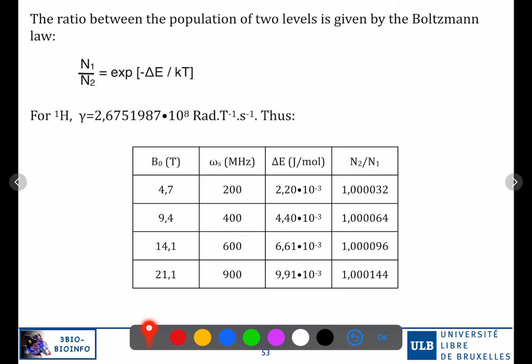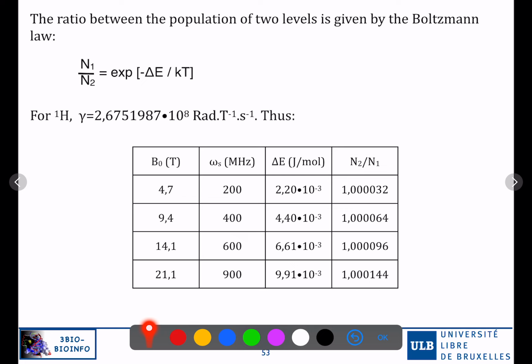And why is it important to have a difference in this population? It's because a little bit later we will study the magnetization, and the magnetization is in fact the resultant of the sum of the different magnetic moments in the two states.